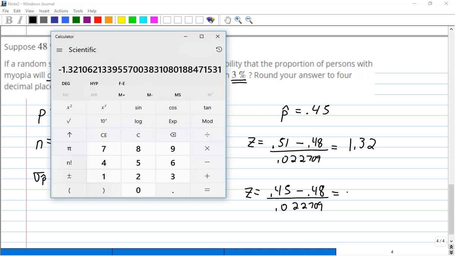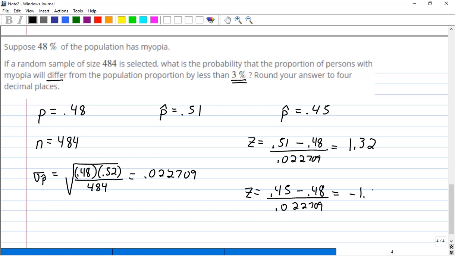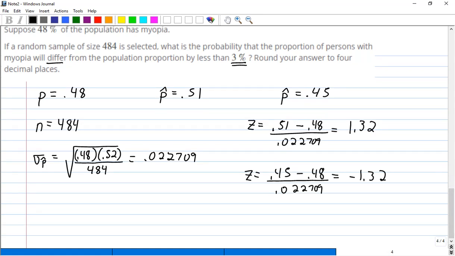That's negative 1.32. The reason is because we went 3 percentage points above and 3 percentage points below. So when we standardize that value, we will have the same z value, except one will be positive and one will be negative. That will always happen if you go the same amount above and below the population mean. So really you only have to work one of those out if you're wanting to save time.